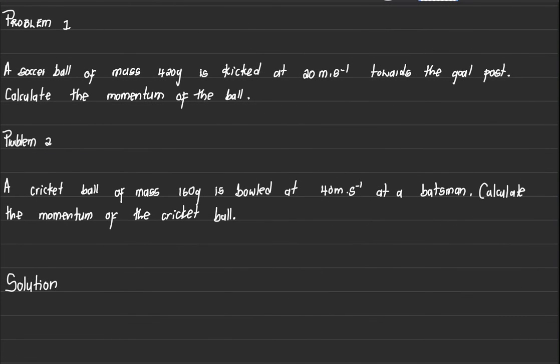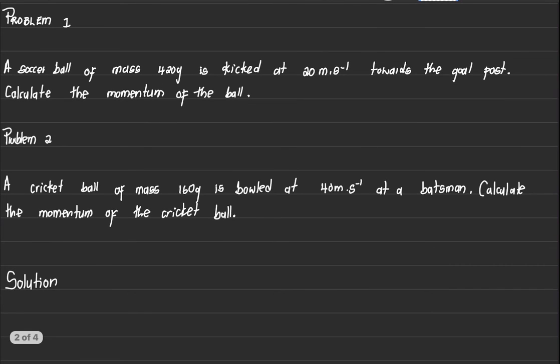Right, now that you have learned about momentum and how to calculate it, as well as its important characteristics and properties that you need to know, now we have to apply what we have learned. So we have the first problem. In this type of problem, it is necessary for you to write what you are given along the way while you are writing the whole statement.